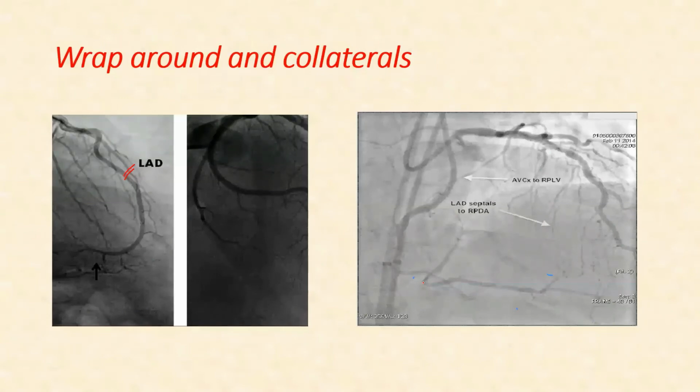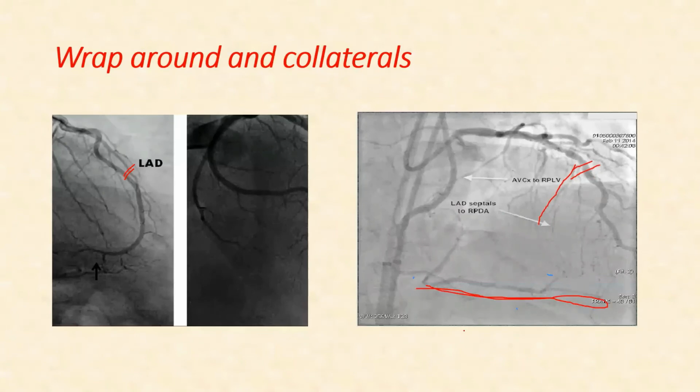Or chronic occluded RCA with collateral from the LAD. Very good. So if you have the RCA here, you see the RCA supplied by septal collateral from the LAD. So if the LAD gets occluded, we are going to lose the anterior wall and we are going to lose the collateral supplying the RCA. Therefore, we are going to lose the inferior wall as well.